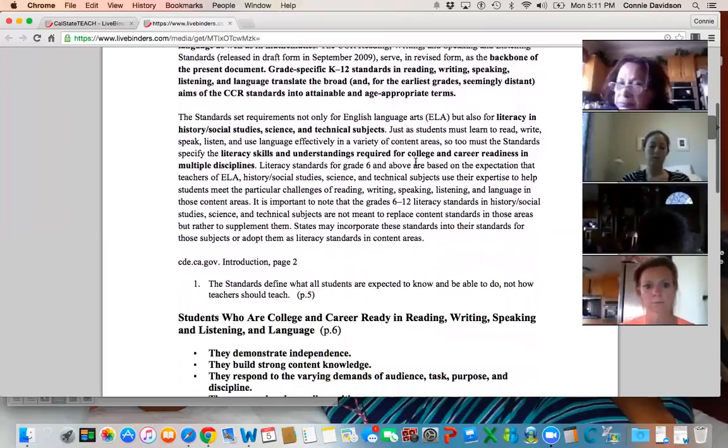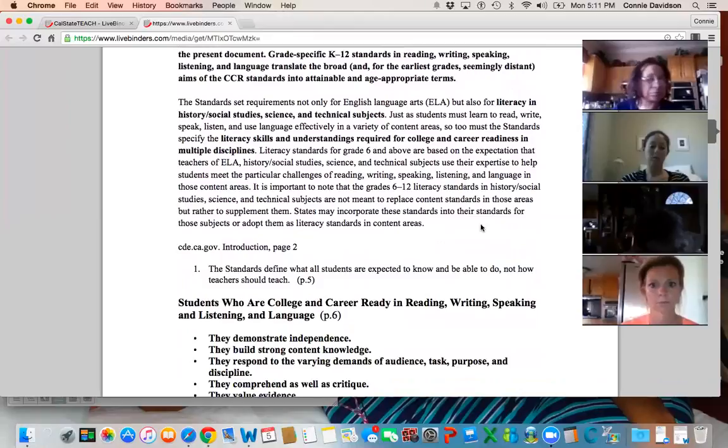Then you need to know that English pervades everything. No matter what you write, unless you're teaching a mime class and no one is speaking or reading or writing or listening, then you don't have to put any ELA standards in there because it's all visual and performing arts.